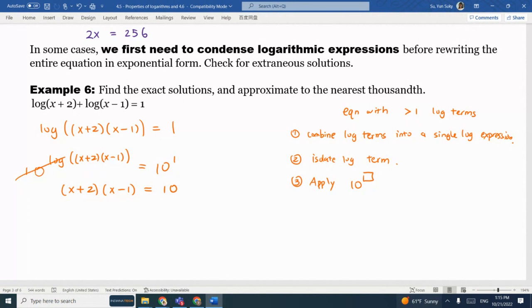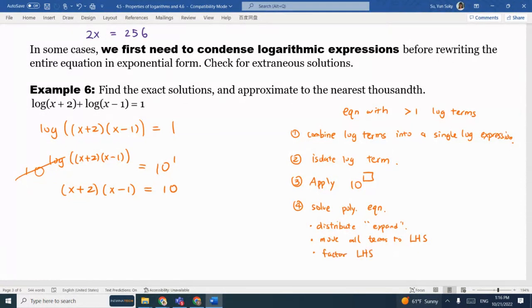Okay, so step 4, we're going to solve the polynomial equation. Which means you want to distribute, or you can say expand, and you want to move all terms to the left hand side and factor the left hand side.